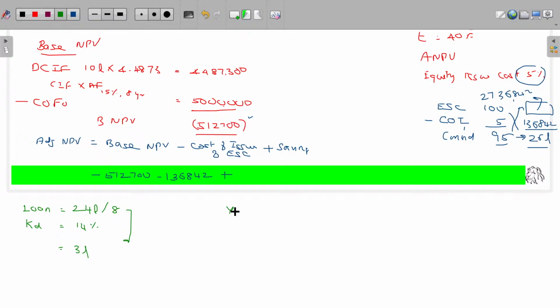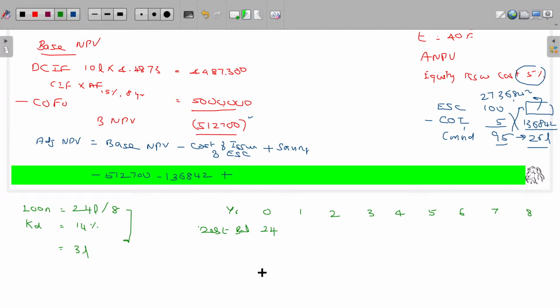So now see here 0, 1, 2, 3, 4, 5, 6, 7, 8. Okay. And what about the debt balance? At 0th period, in the beginning you issued and collected 24 lakhs.